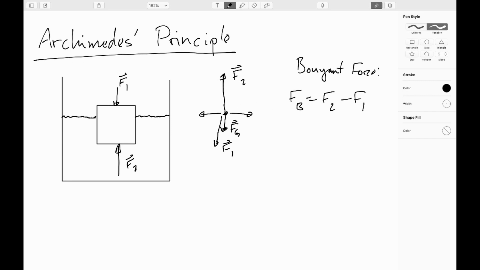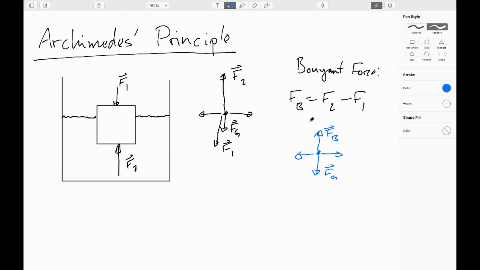So either you can draw this free body diagram, or you can draw this free body diagram, which is hopefully a little more conceptually straightforward, where again we still have the lateral forces that cancel, but now we just draw gravity down and the buoyant force up.